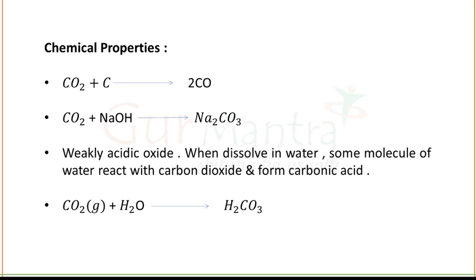Next are the chemical properties. If you talk about the chemical properties of carbon dioxide, when CO2 gas reacts with a single carbon atom, this will form carbon monoxide. And when you react CO2 gas with NaOH, this will form Na2CO3.